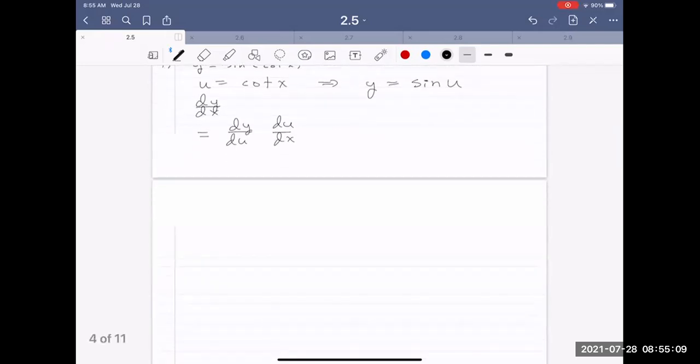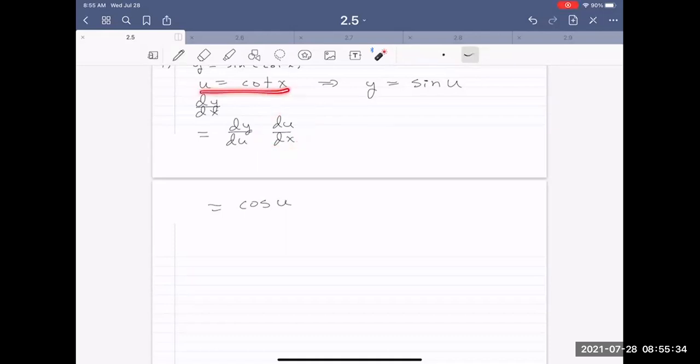So let's take the derivative of sine of u. So the derivative of sine of u is, well, cosine of u. Derivative of sine is cosine. Times du dx.